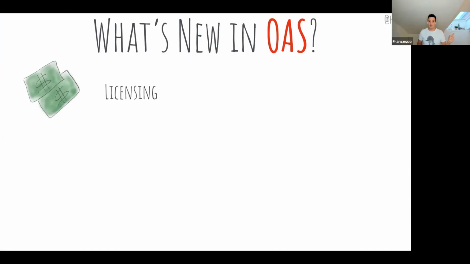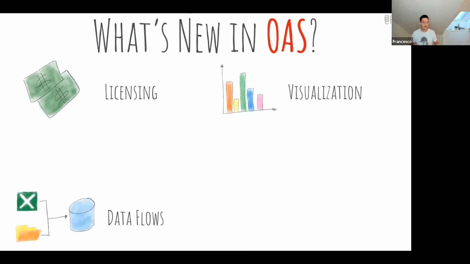First thing is licensing. As we will see later, licensing is changing between OBIEE 12c and OAS, making OAS more attractive for a lot of customers. Visualization: we will see a ton of new stuff coming into the visualization, into the self-service area in particular, compared to OBIEE. We see a lot of enhancements in data flows.